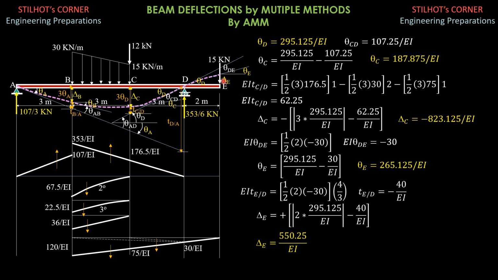Finally, for delta E, which is from the point on the elastic curve to the horizontal axis of the beam, it is positive in this figure.